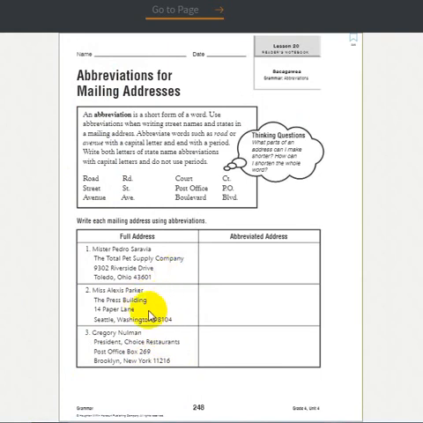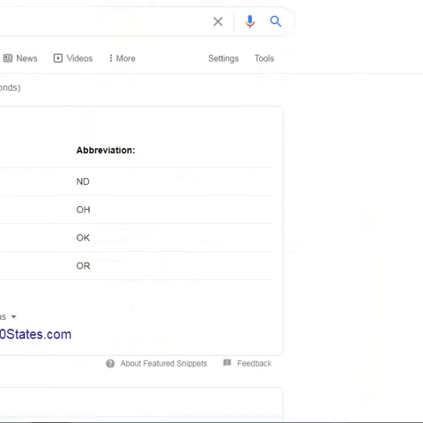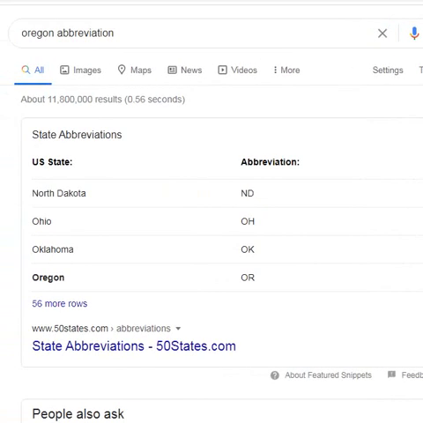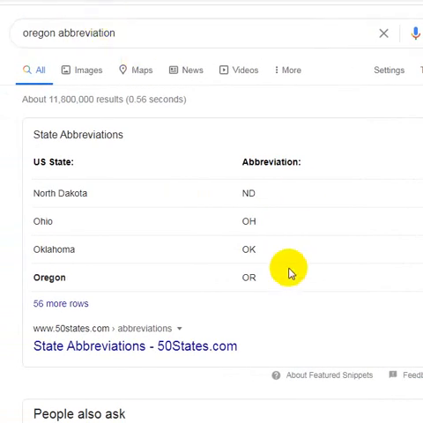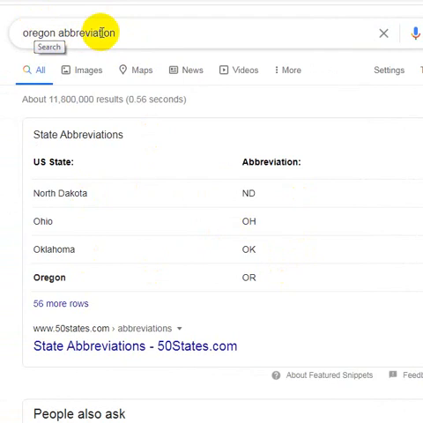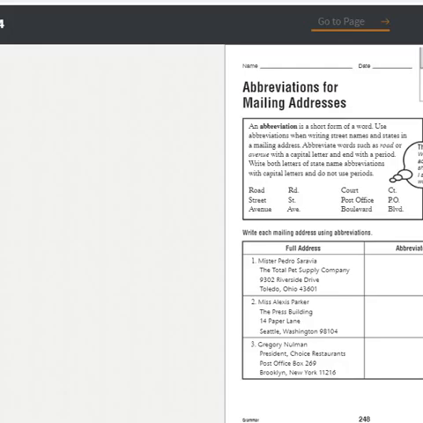Okay, and if you don't know the abbreviation for a certain word, like maybe building, lane, Washington, miss, whatever it is, what you could do is just use Google, and write the name of the word that you want, and it will pop up over here. Like, for example, Oregon abbreviation. Here, we got it, right? Maybe Washington.